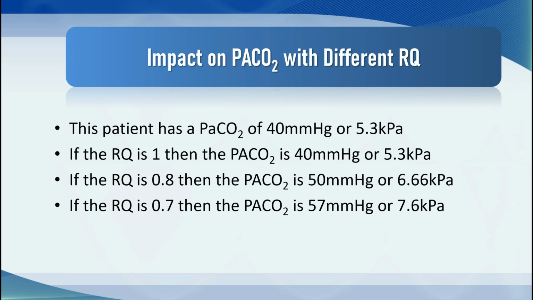If the respiratory quotient is 0.8, then the alveolar CO2 is 50 millimeters of mercury, or 6.6 kilopascals, because more oxygen is being consumed versus CO2 produced. The alveolus is shrinking, and Dalton's law must be obeyed. If the respiratory quotient is 0.7, then the alveolar CO2 is 57 millimeters of mercury, or 7.6 kilopascals.